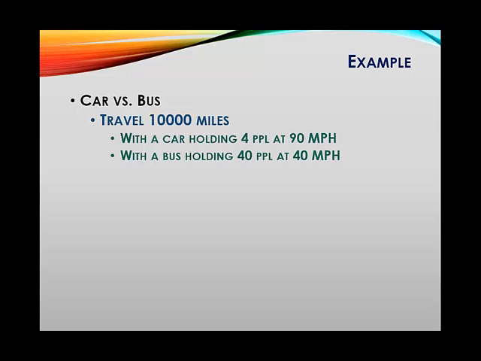We want to calculate the latency of a car taking 4 people over 10,000 miles and the latency of a bus taking 40 people over 10,000 miles. Notice that when we calculate latency, we don't care about how many people these two machines are transporting. We're just interested in how much time it takes to transport. When we calculate throughput, then we're interested in seeing how many people actually get transported, and that would give us the idea of throughput.